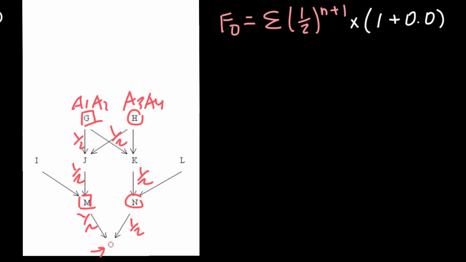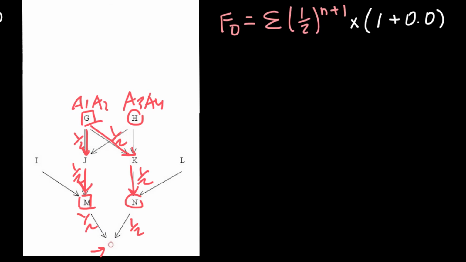But instead of counting the number of passes twice, let's simplify our calculations and count the number of passes between the two parents: 1, 2, 3, and 4, and stop our calculations at the parents.